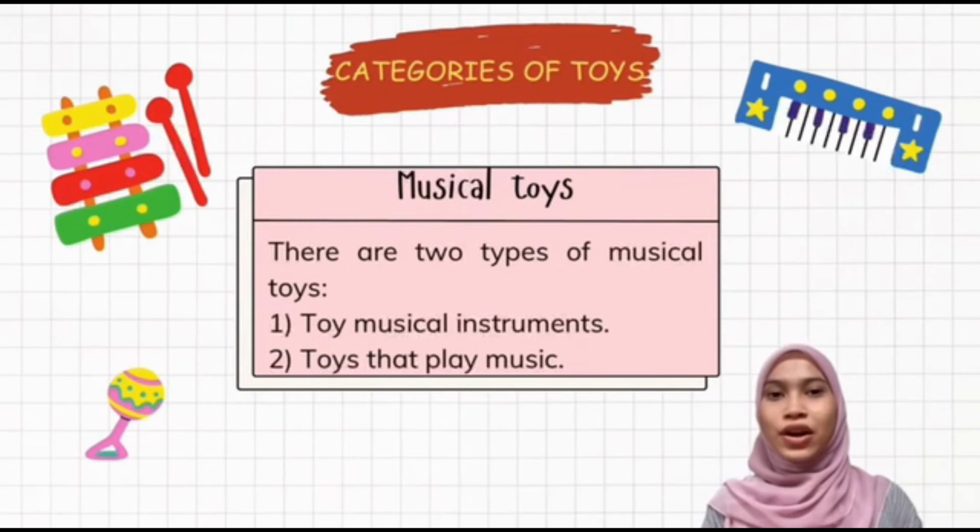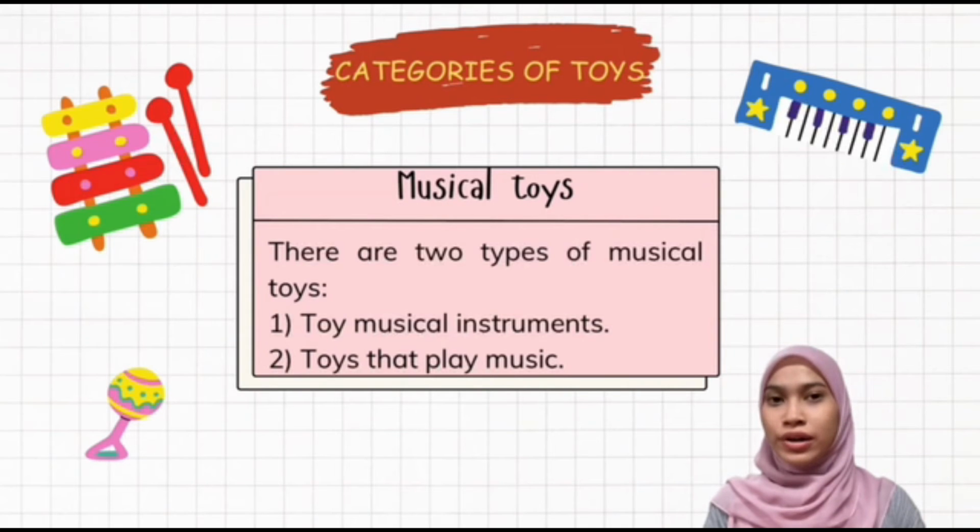The last category of toys is musical toys. Musical toys are divided into two types, which are toy musical instruments such as a wooden violin and toys that play music such as a chime ball.